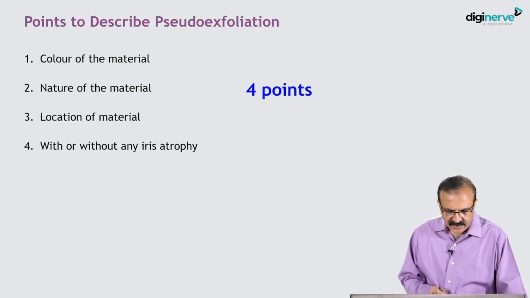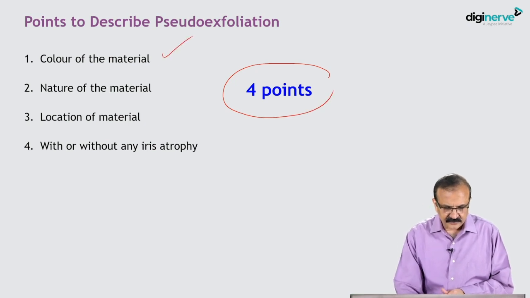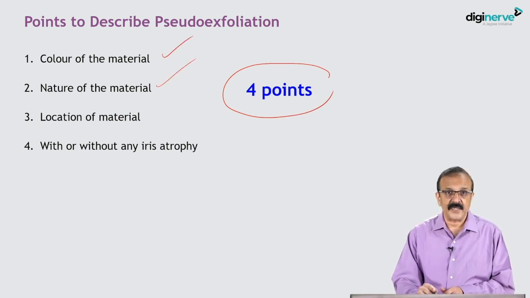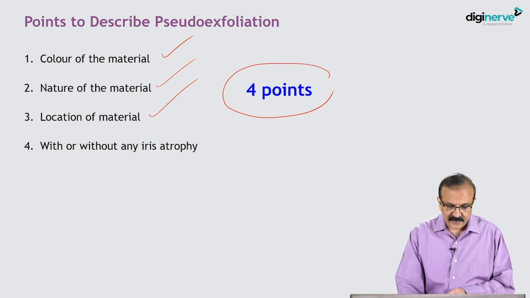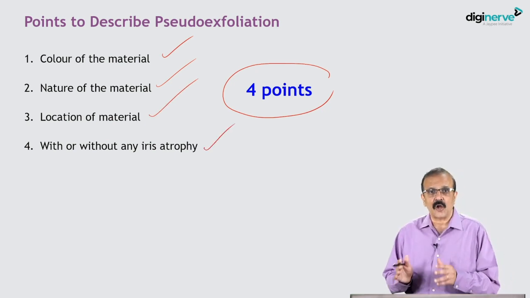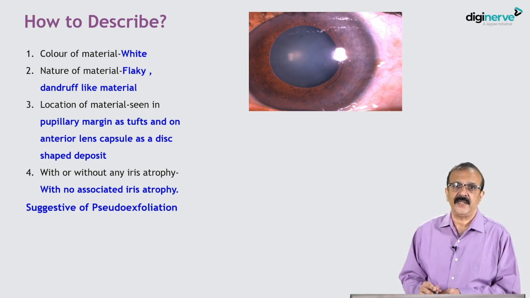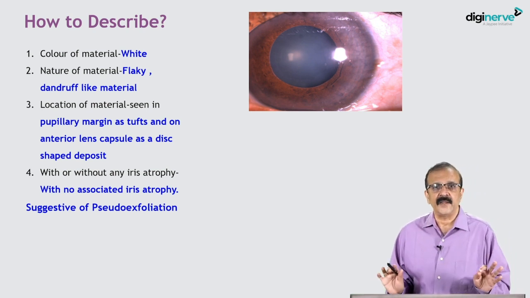Rather, you would say it in 4 points: the color of the material, the nature of the material, the location of the material, whether there is any iris atrophy or not. So you would say that white, flaky, dandruff-like material. You would not say white material.